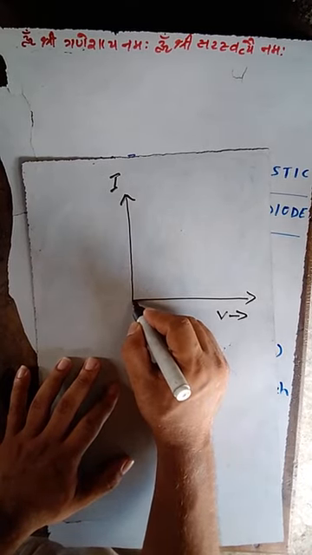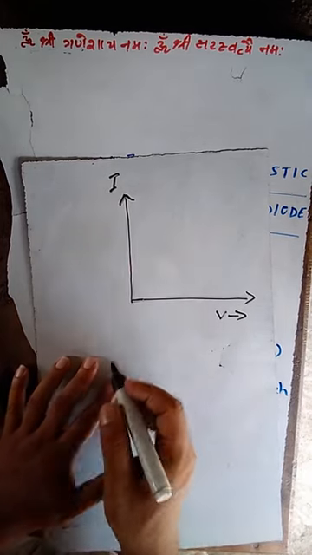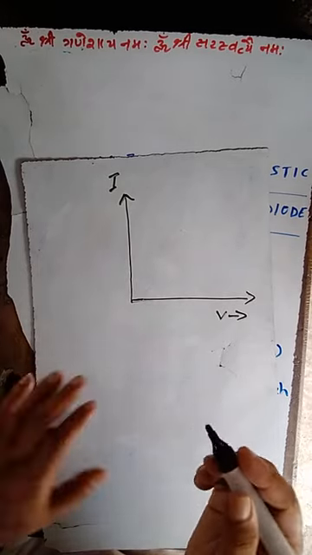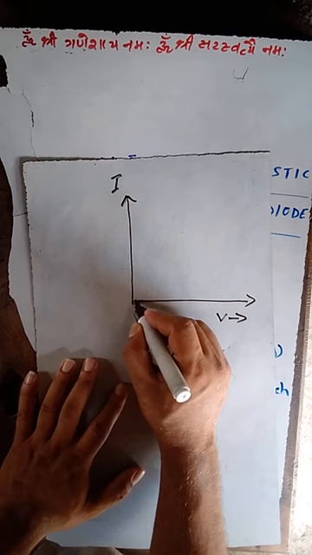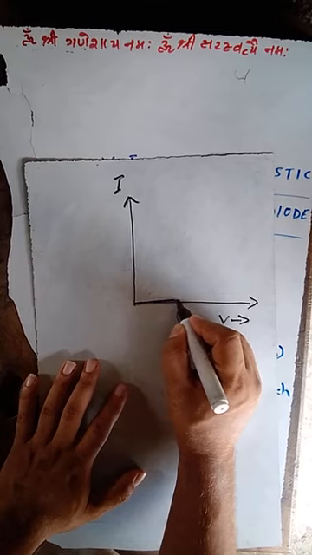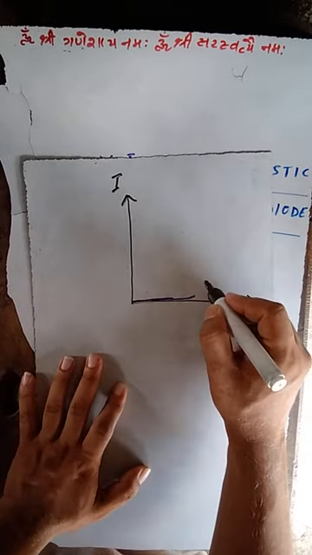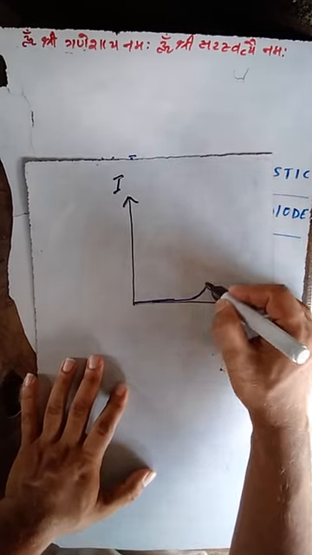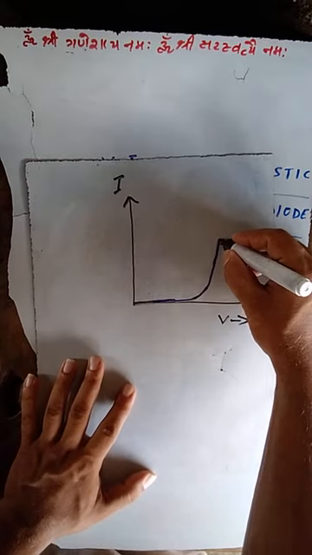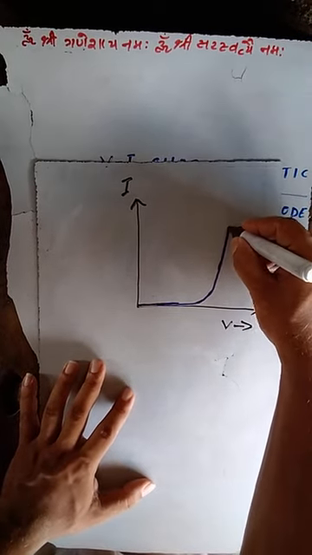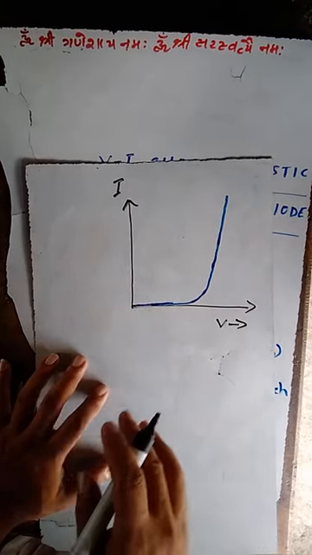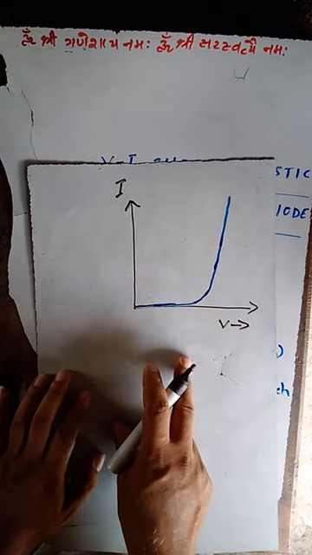If you draw the graph, we get a graph like this.